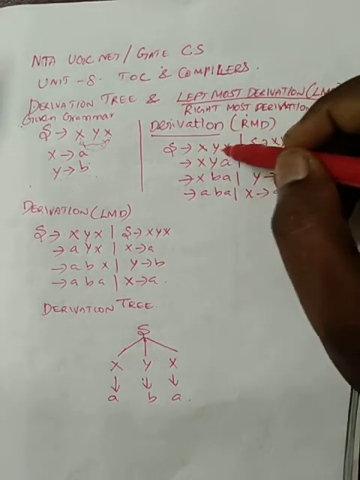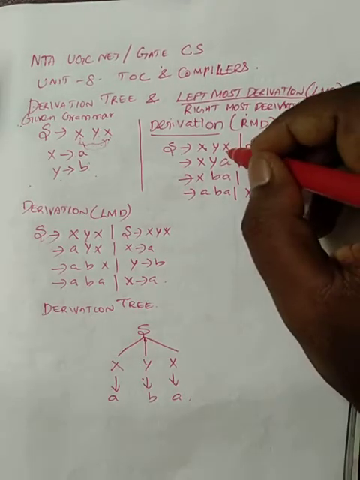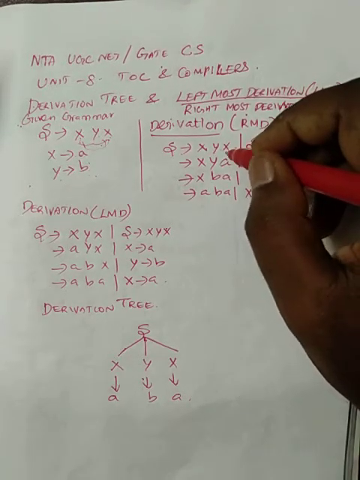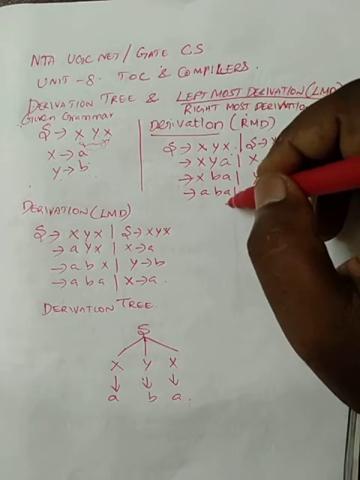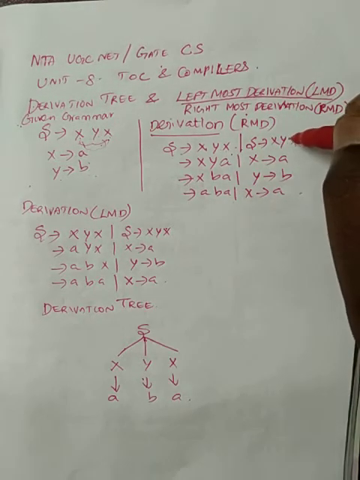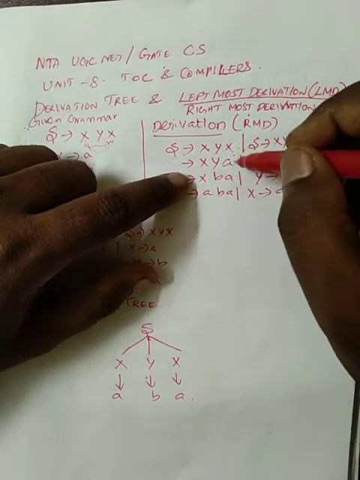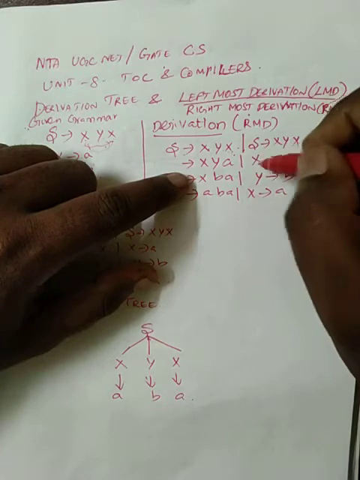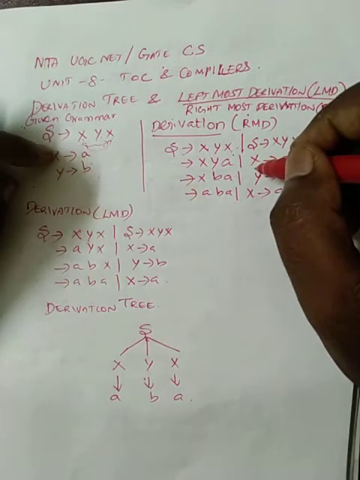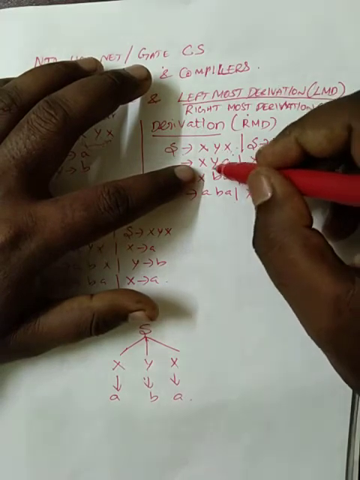S tends to XYX, and this right-hand side is nothing but the handle. What handle I used in the process of converting the start symbol into the input string: I used XYX. Now for this right-hand side X, I used a with the help of this production rule X tends to a, and then I follow from right to left.